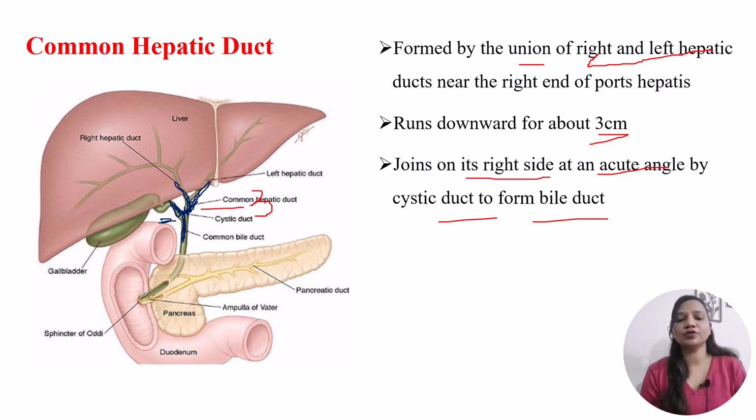Okay, so what is the common hepatic duct? It is the fusion of the right and left hepatic ducts. The common hepatic duct runs downward for about 3 centimeters, and at the right side at an acute angle it fuses with the cystic duct, and both these ducts form the bile duct or common bile duct.